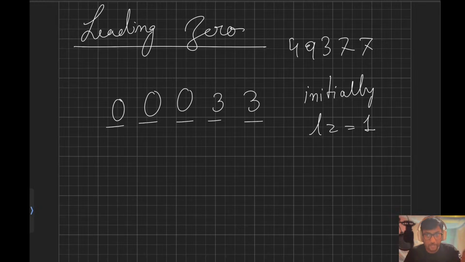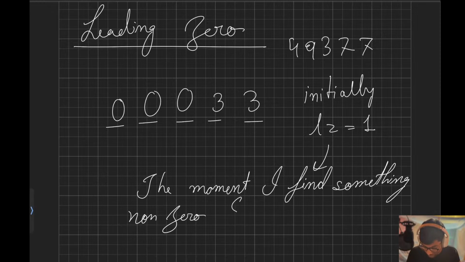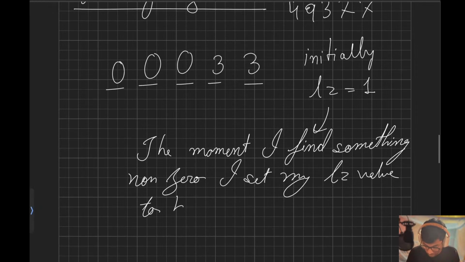The moment I find a value that is not equal to 0, I set my LZ value to 0.